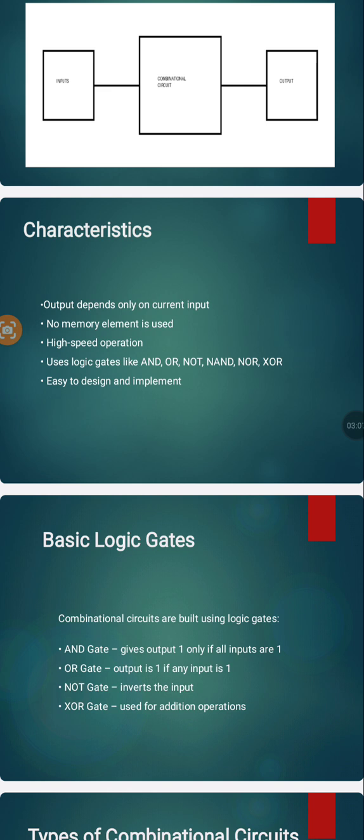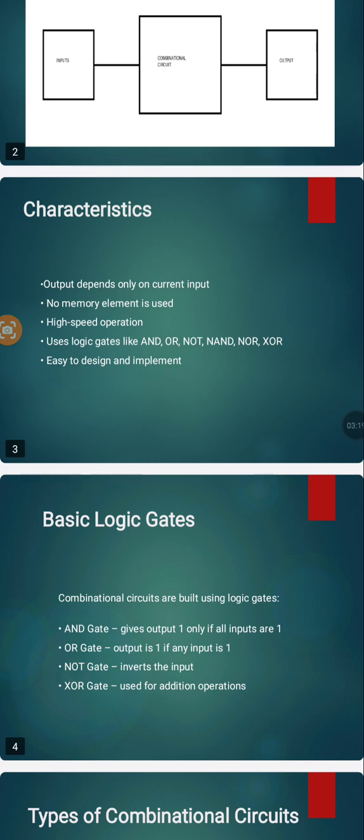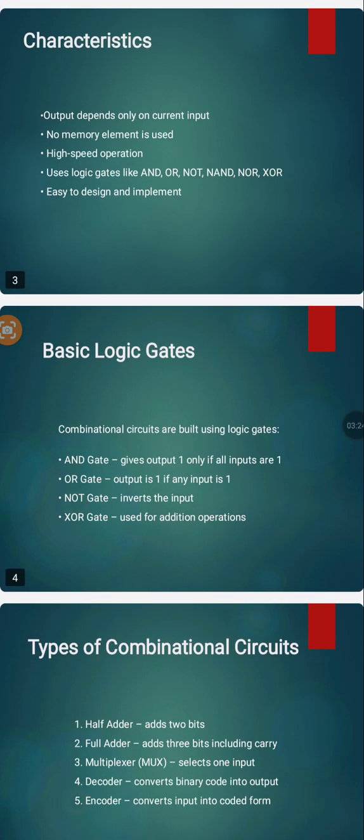What are the logic gates used to build combinational circuits? Such as AND gate, OR gate, NOT gate, NAND gate, NOR gate and XOR gate.